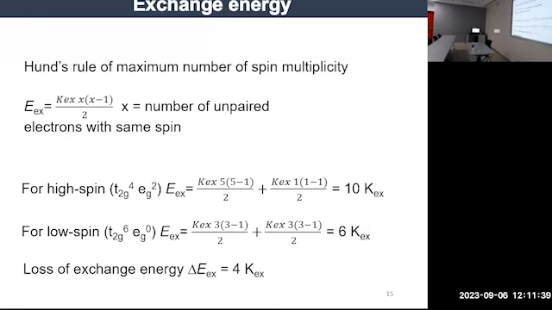What is the physical origin of this exchange? Of course, exchange energy, electrons will repel each other, right? That's why Hund's rule says that electrons don't like to be paired up; they remain unpaired because of electrostatic repulsion.